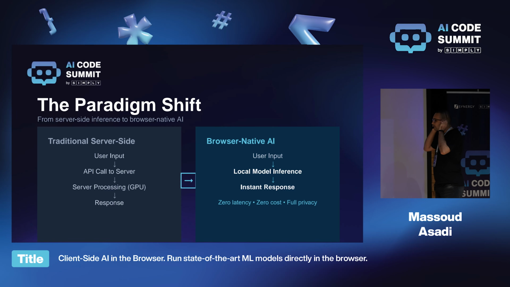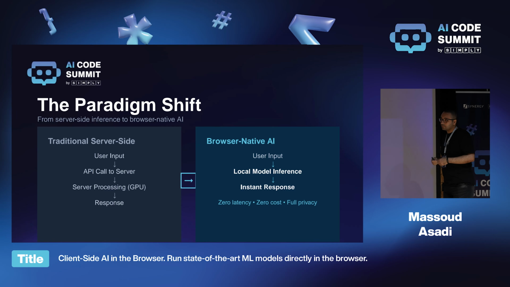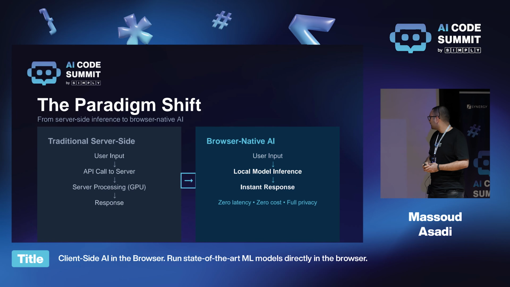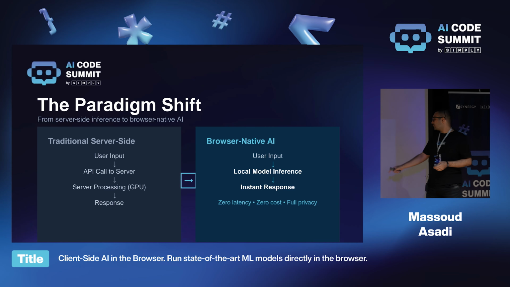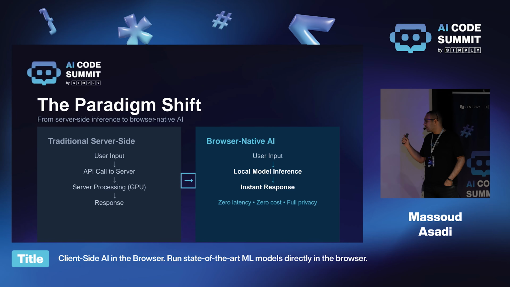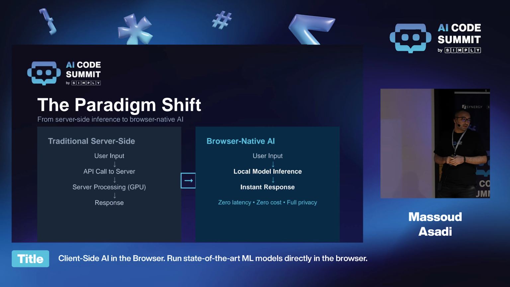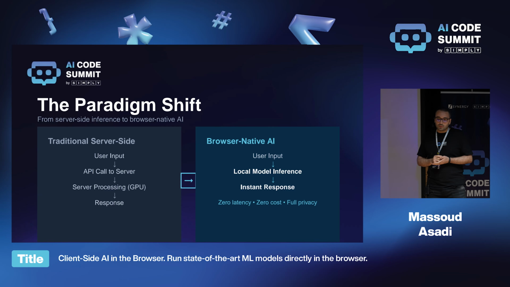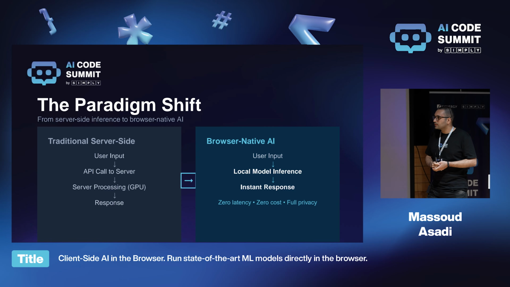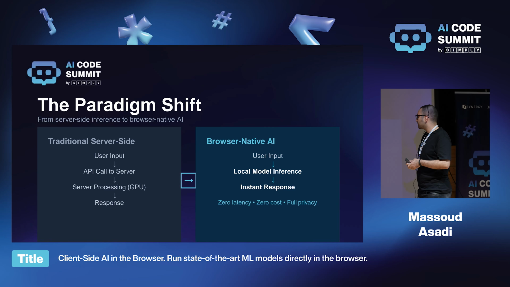We get input from the user, and we load the LLM model directly in our browser runtime, and then we get an instant response. So there is no cost for us, and there is also zero latency and full privacy. This is good for companies that don't want the data to leave the device.